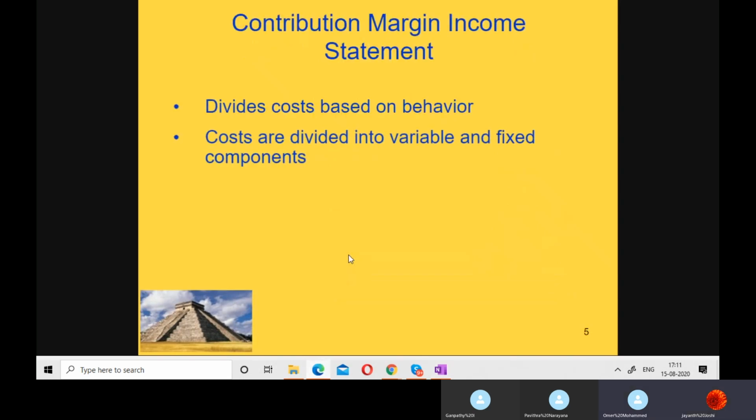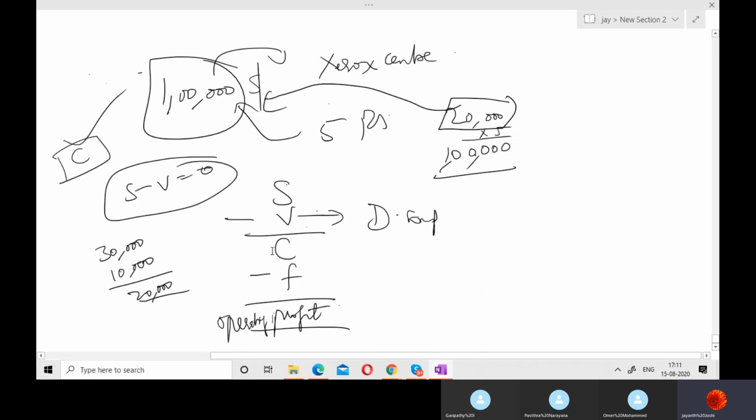So the contribution margin income statement divides cost based on behavior. Is this contribution dividing your cost or not? Yes, this is the point. Sales minus variable cost minus fixed cost is profit, but this contribution format is dividing here.